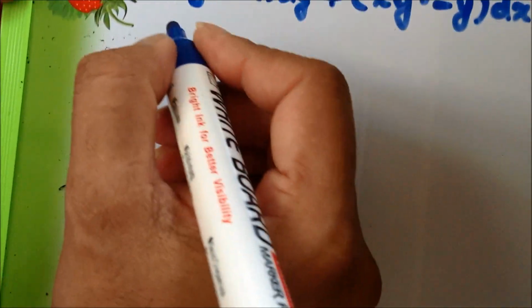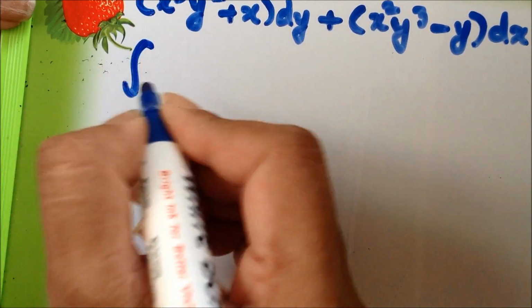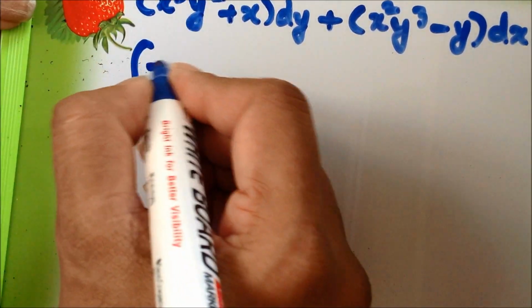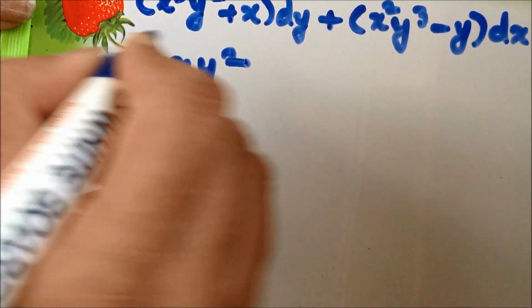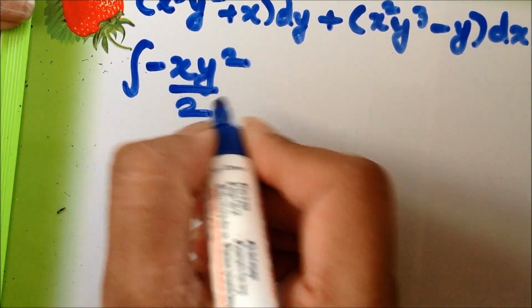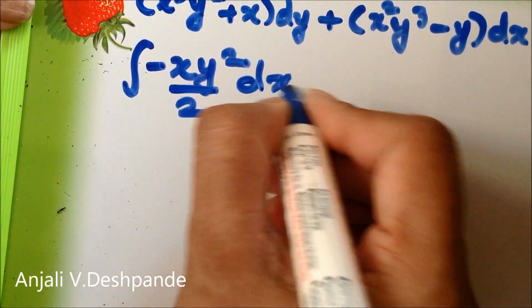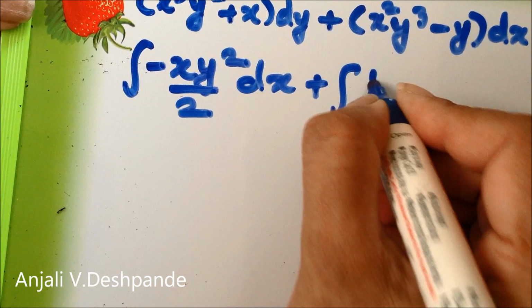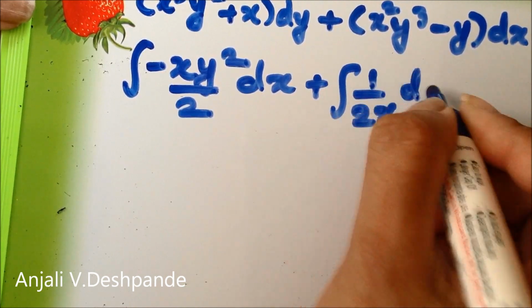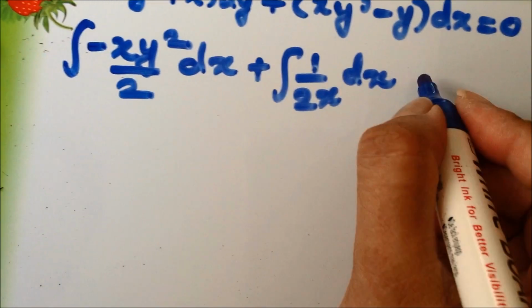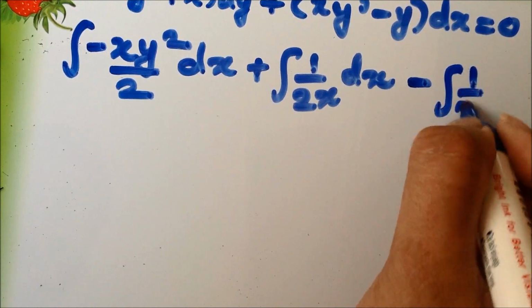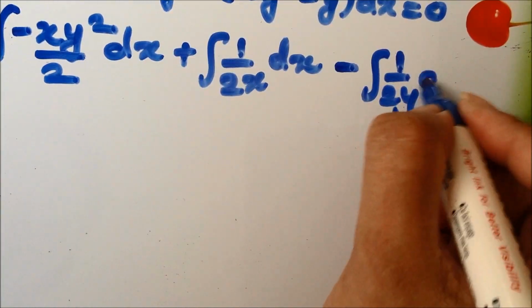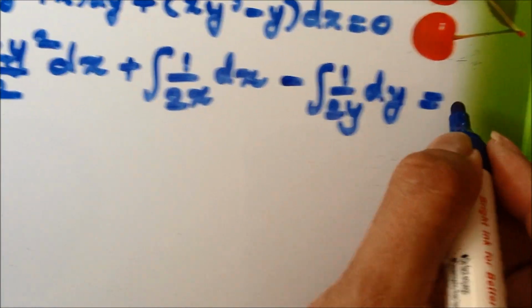So once again I will just write over here what we are doing. Integration of minus xy square divided by 2 dx plus integration of 1 upon 2x dx and minus integration 1 upon 2y dy is equal to c.